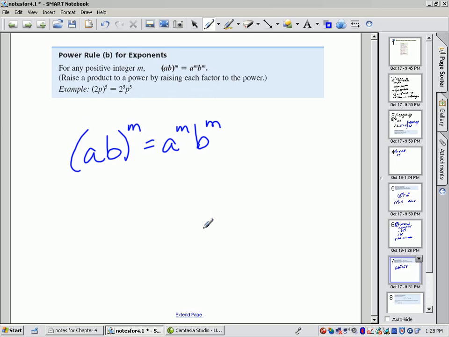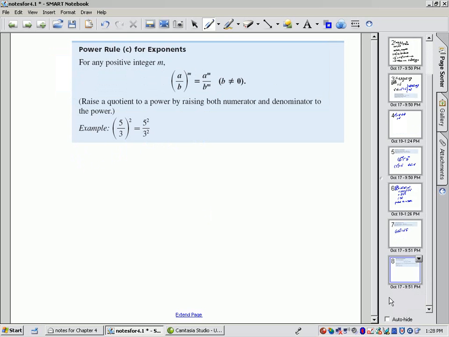Now, there's one very similar to that for quotients. Hopefully you would agree that that's going to be the same thing, because a quotient is really multiplying by the reciprocal. So a over b to the m is also a to the m over b to the m, because if you think about it, the fraction a over b would repeat m times.